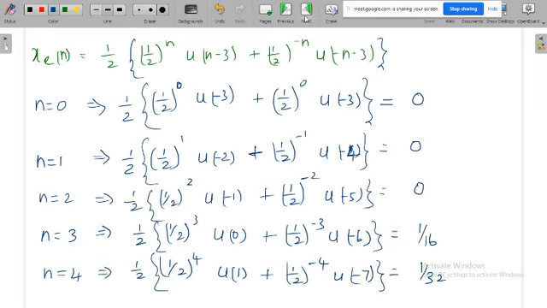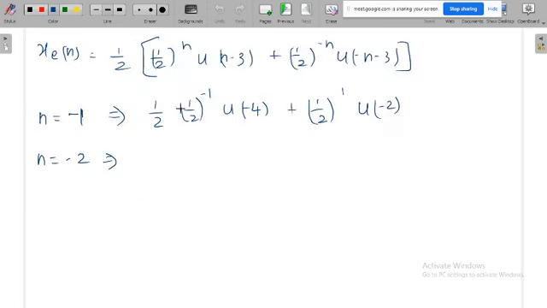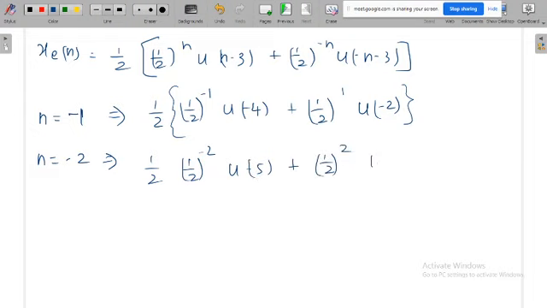That's why our answer is correct. So now what happens when you put n is equal to minus 2? 1 by 2 whole power minus 2 u of minus 5. Then 1 by 2 whole power 2, u of minus 2 means plus 2, that means minus 1.